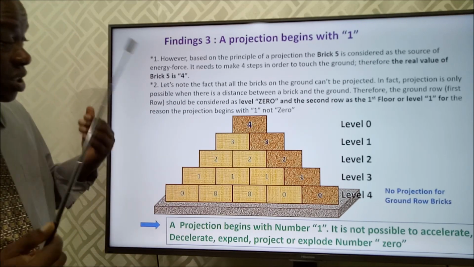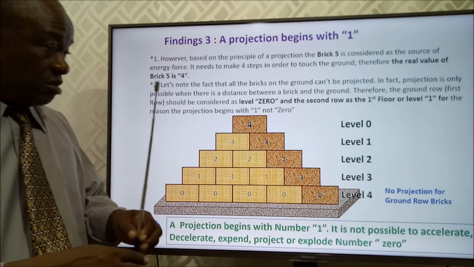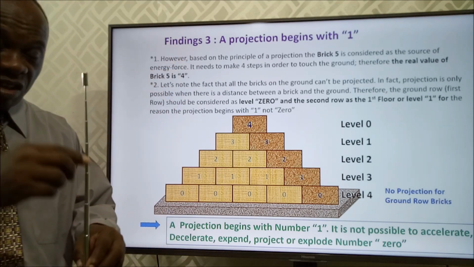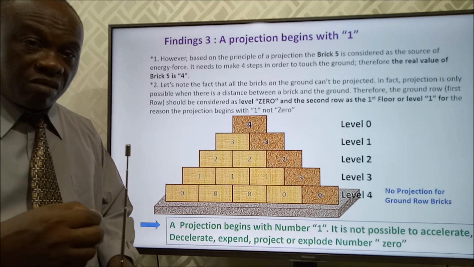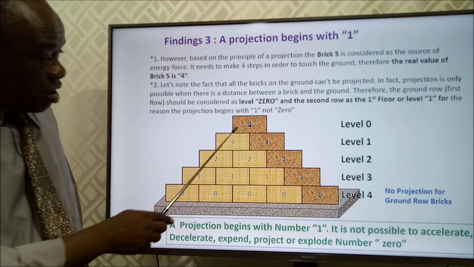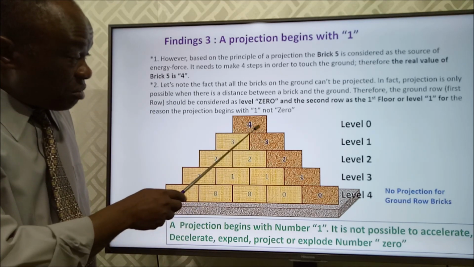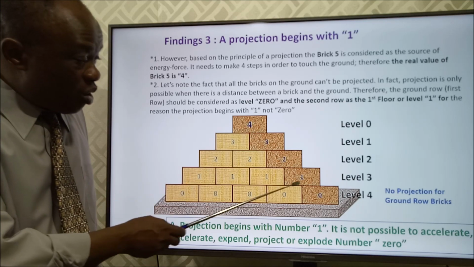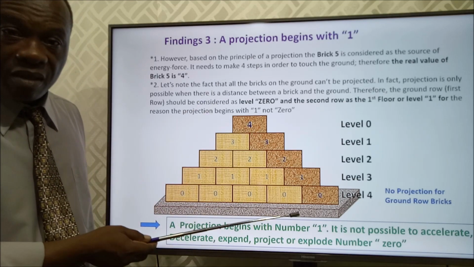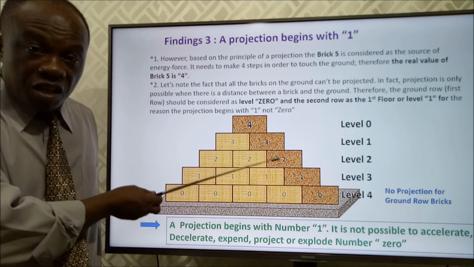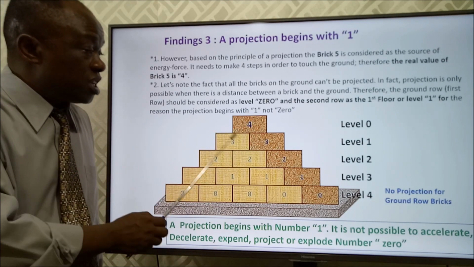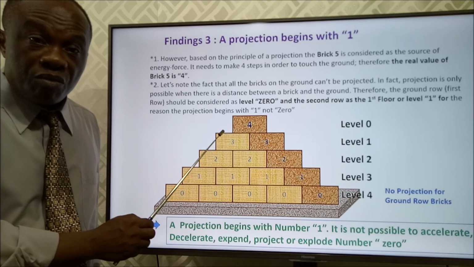And if you consider that we talk about the projection, that it is now falling to the ground, then in order to reach the ground, this brick must make 4 steps. It makes 4 steps because of its value, which is 4, because of the number.